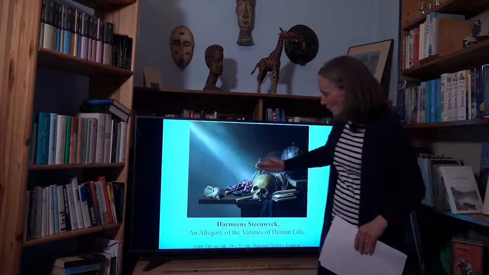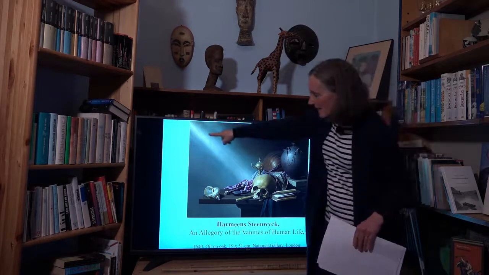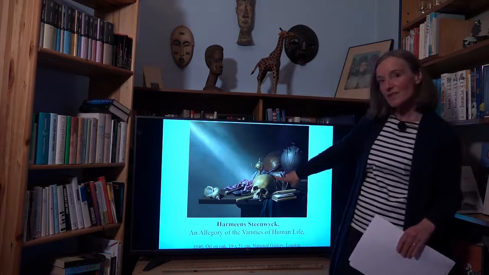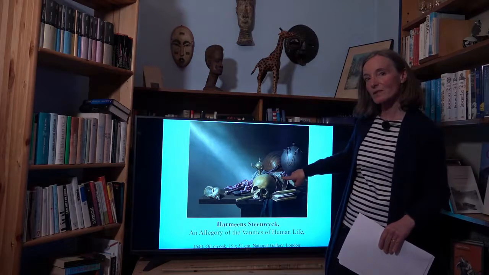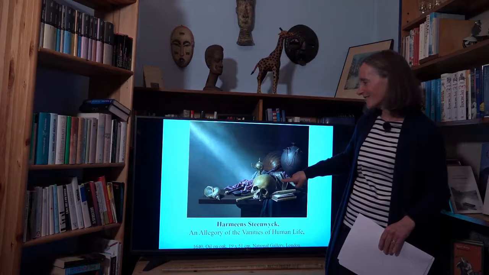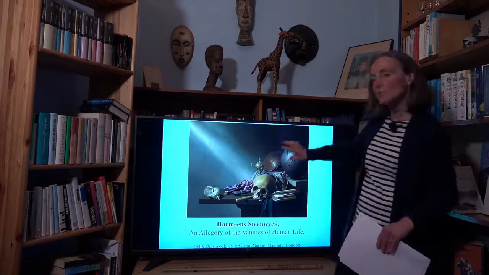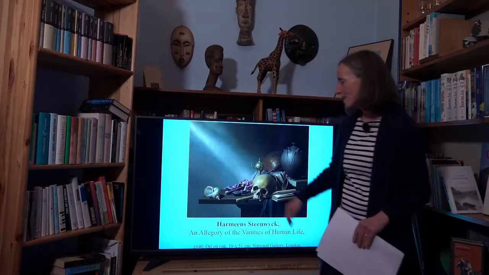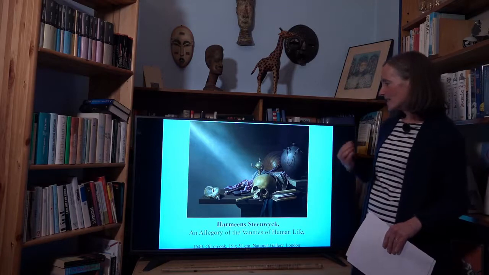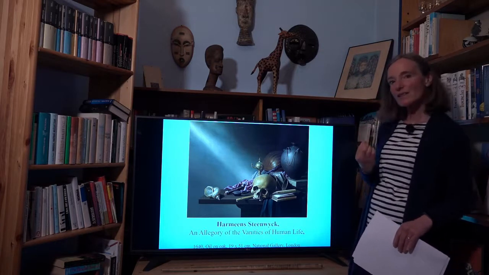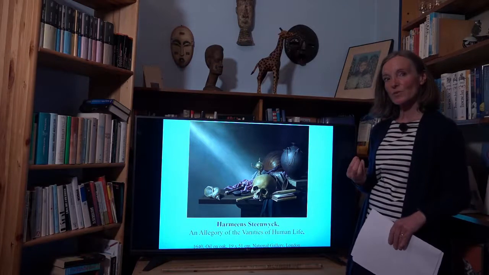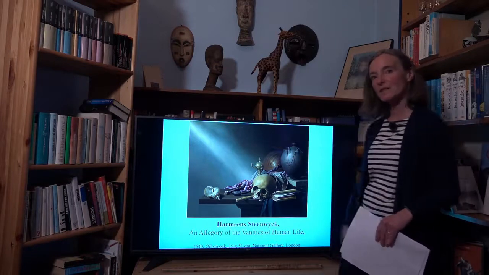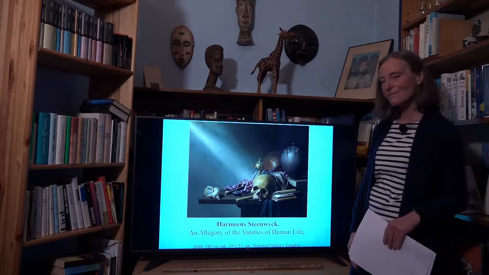So from that point of view, the light in itself on the skull highlights what is the most important aspect of the picture. There's a lot of symbolism in that, which we are going to discuss on another occasion. But again, I wanted to highlight to you how important it is that we start looking at a composition before we investigate the different layers.